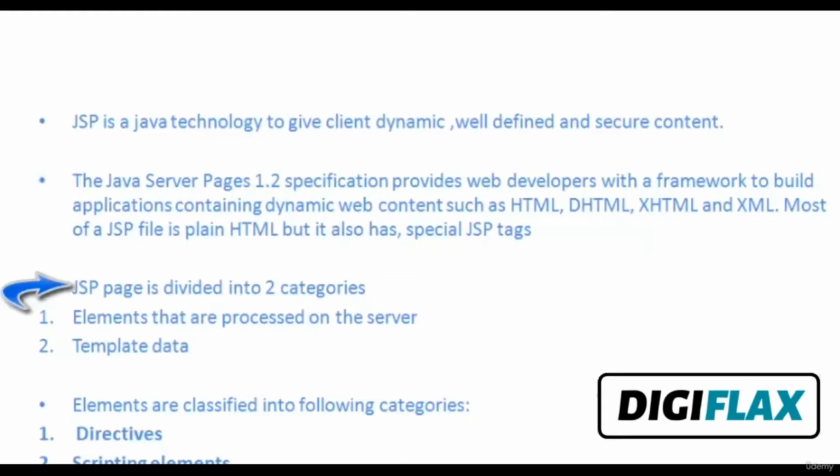JSP page is divided into two categories. 1. Elements that are processed on the server. These elements are the embedded JSP tags. Second is template data, that is the static data.